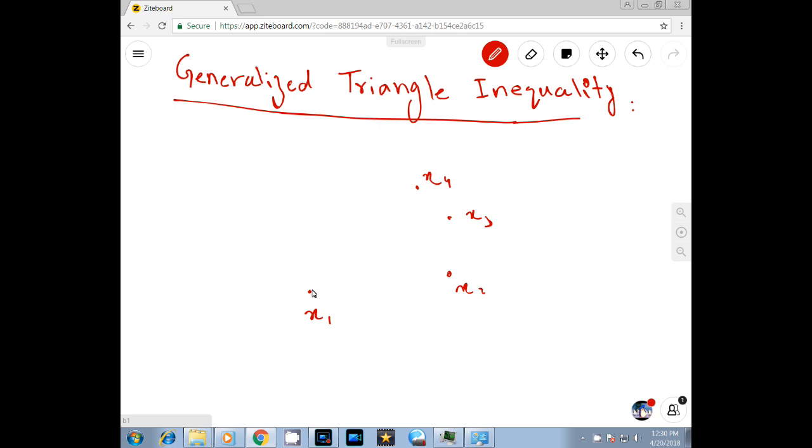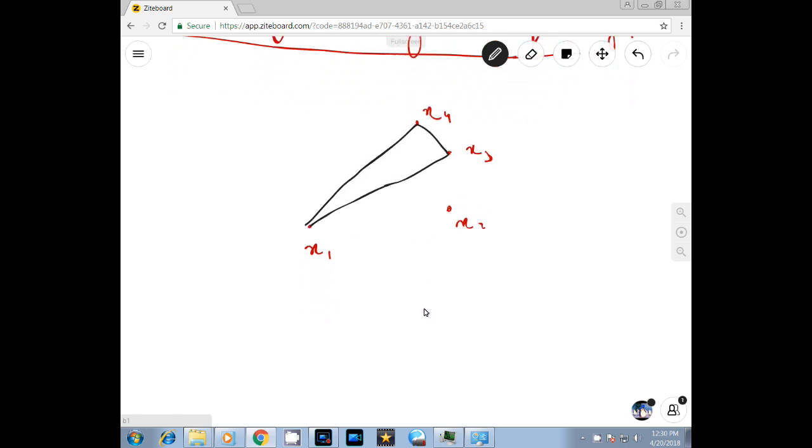First, we have to form a triangle. So we have this triangle and apply the triangle inequality here.